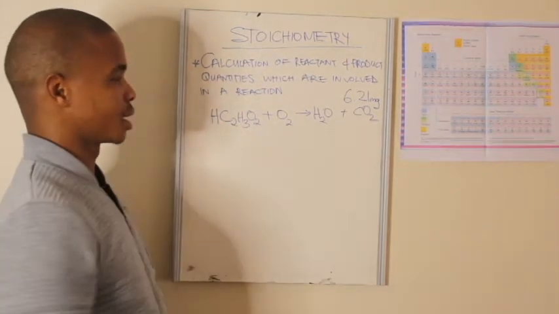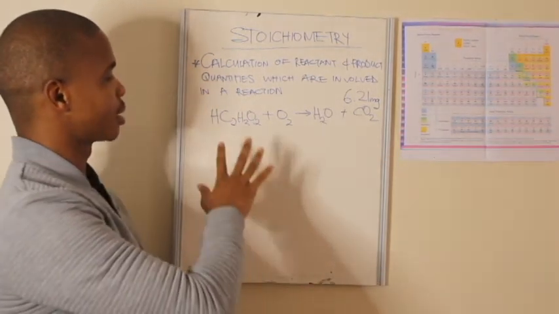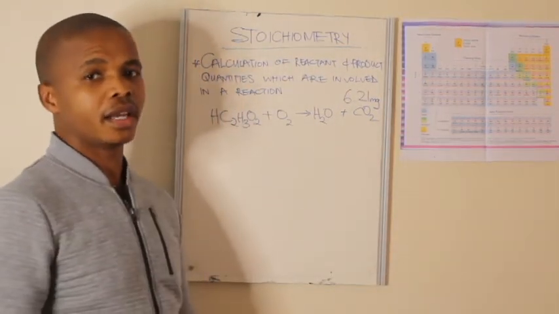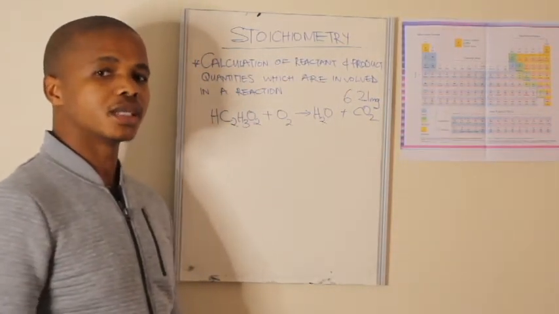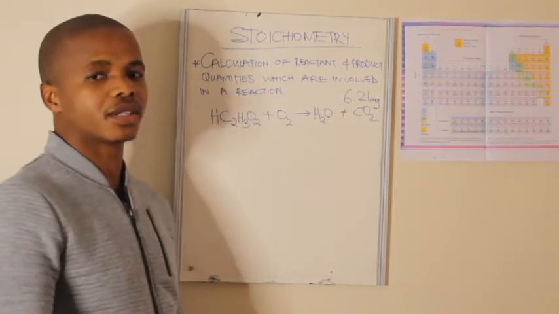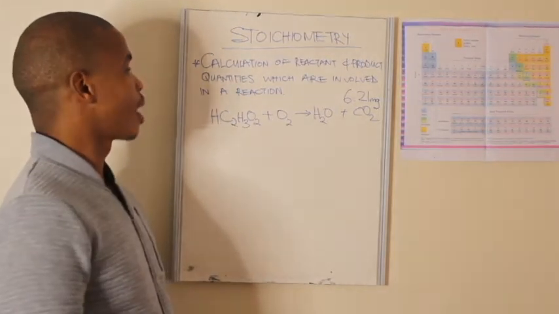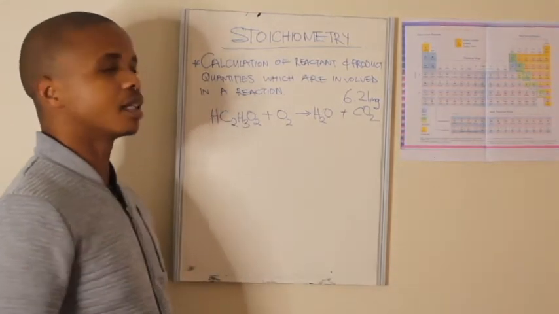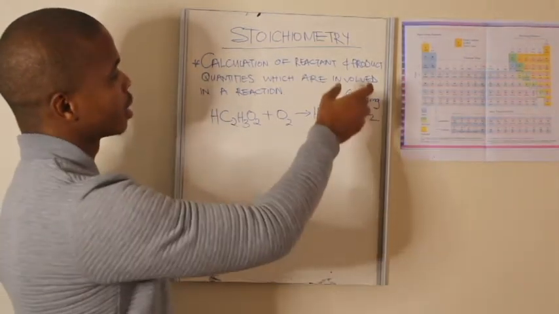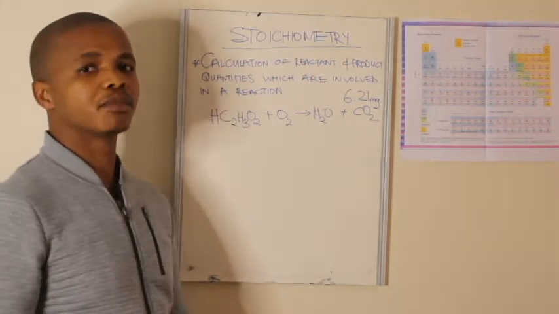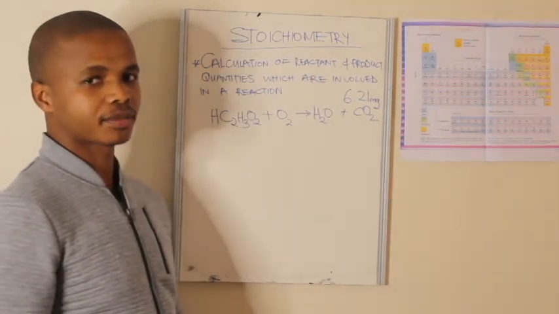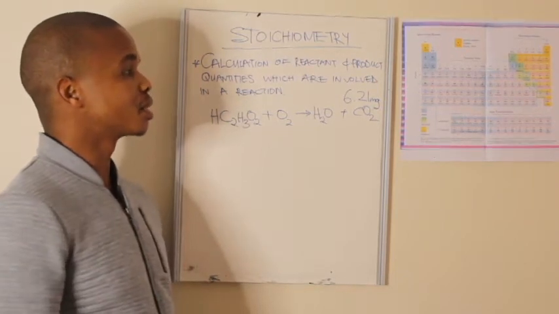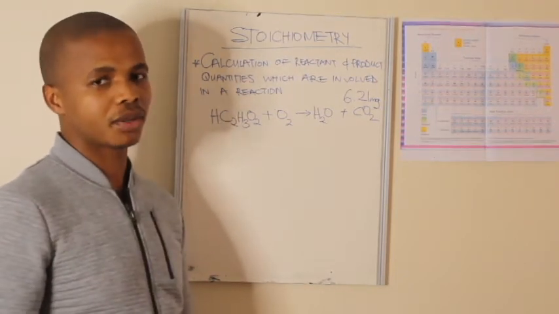But you know that if you react acetic acid and oxygen, you would get carbon dioxide. The type of questions you would ask yourself is: how much acetic acid do I need in order to produce 6.21 milligrams of carbon dioxide? Or how much oxygen do I need to produce 6.21 milligrams of carbon dioxide?